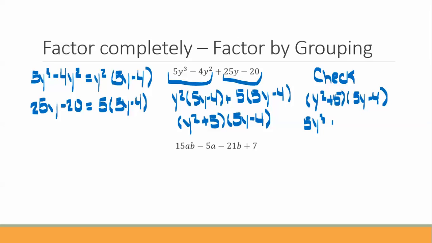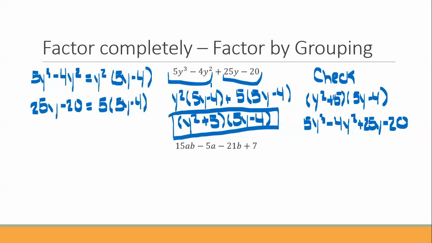Y squared times minus 4 is minus 4y squared. 5 times 5y is plus 25y, and 5 times minus 4 is minus 20. This is the same as this, so 5y cubed minus 4y squared plus 25y minus 20 factors into y squared plus 5 times 5y minus 4.